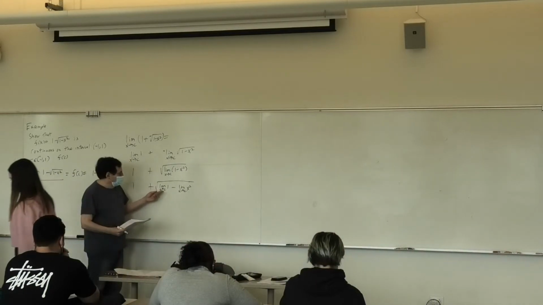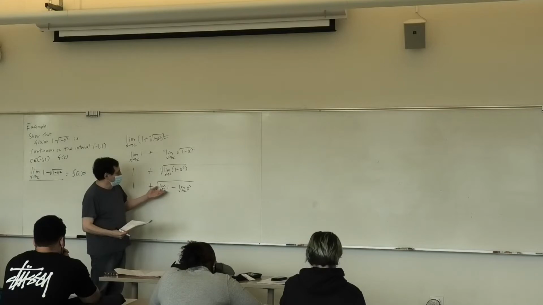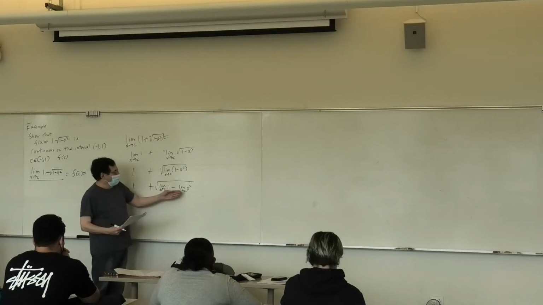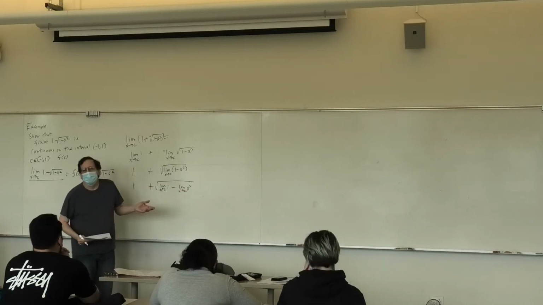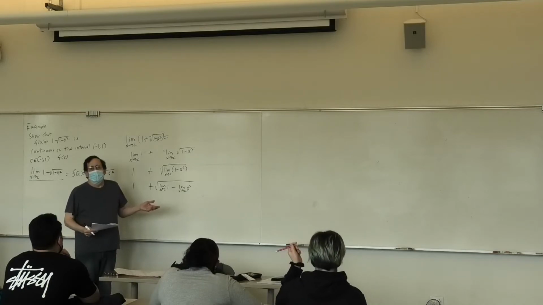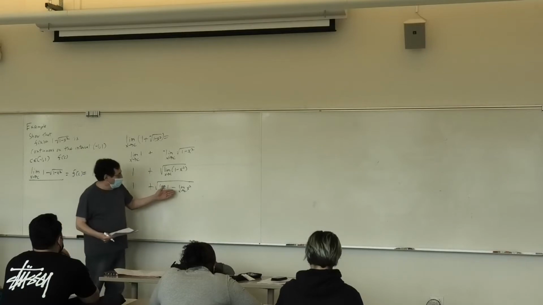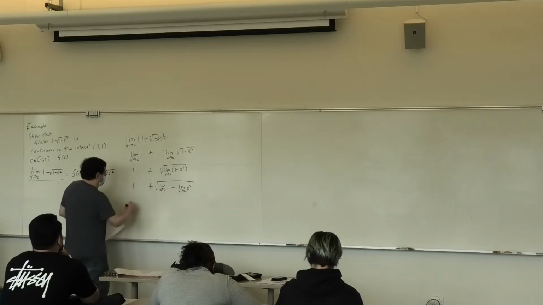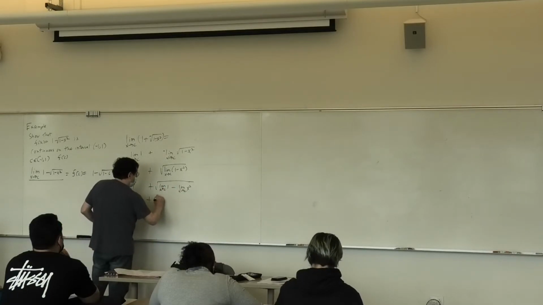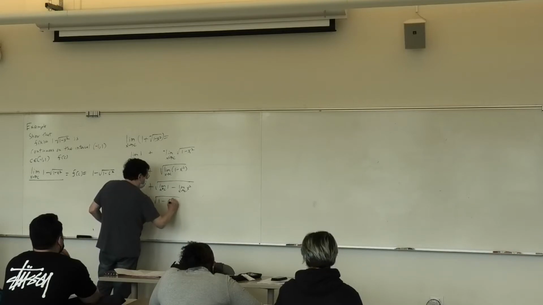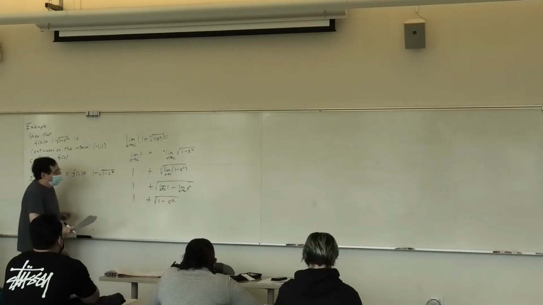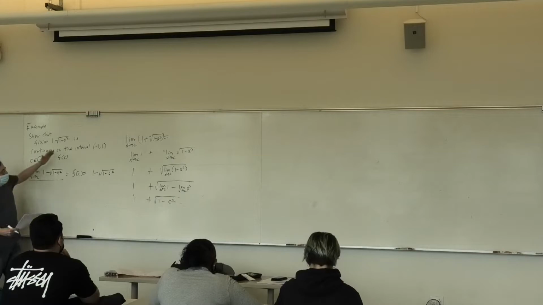Again, the limit of 1, a constant, is just 1. And x squared is a polynomial, and polynomials are continuous. So we know that this is just going to be 1 minus the square root of 1 minus c squared.